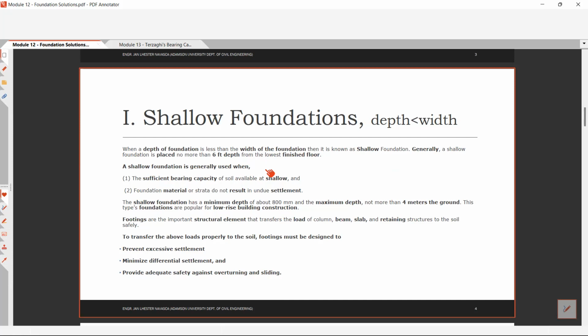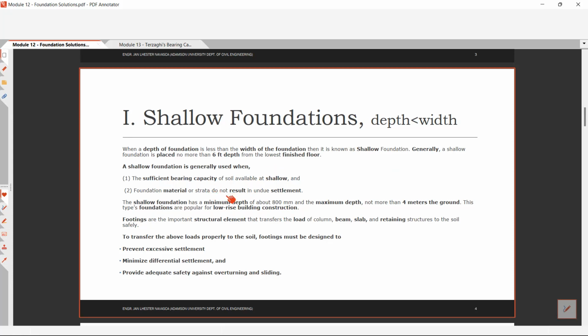For example, your 4-story building, and you found out that approximately 2 to 3 meters below your ground is capable to carry that much load. So hindi naman siya ganun kalaki yung foundations na gagawin. So, nakadepende siya sa kung ano yung capacity ng soil mo at that shallow depth.